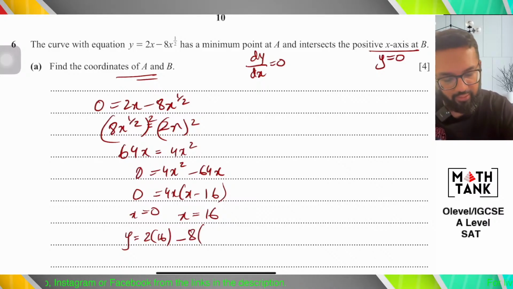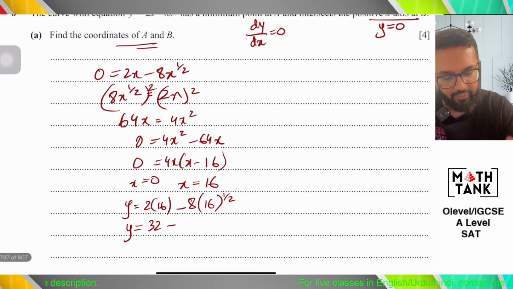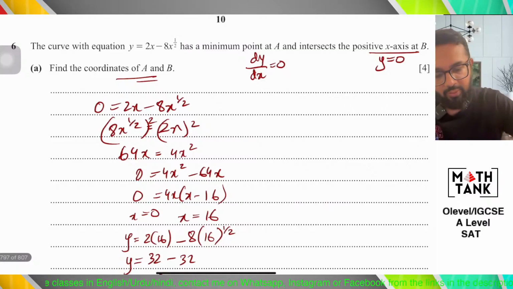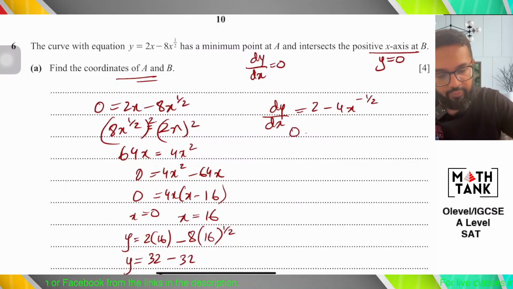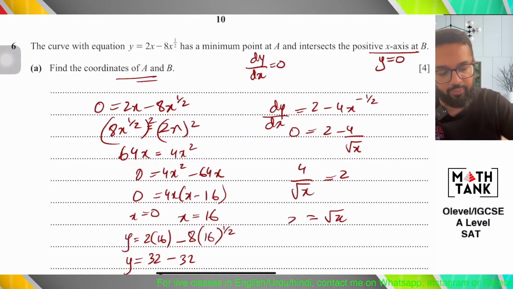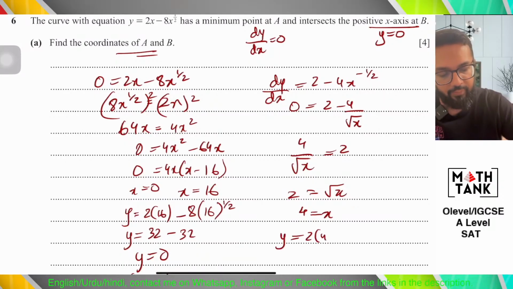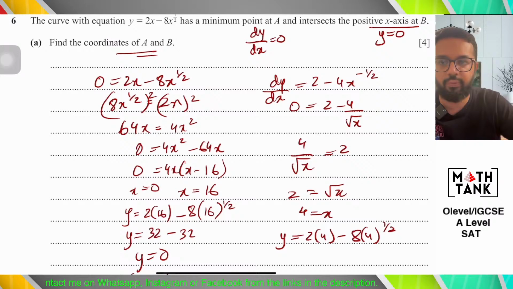Minus 8 to the power half, 32 minus 2, that's 0. Okay, positive x axis. So B has the coordinates 0. Then dy by dx is 2 minus 4x to the power minus half, set to 0, minus 4 over 2, to 4, and then y is 2 times 4 minus 4 to the power half.